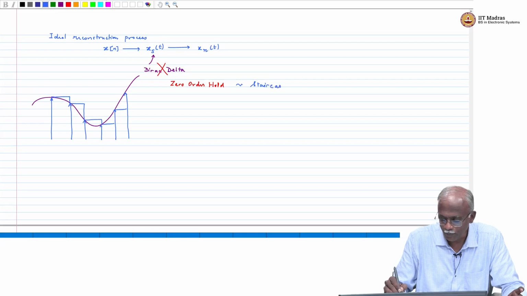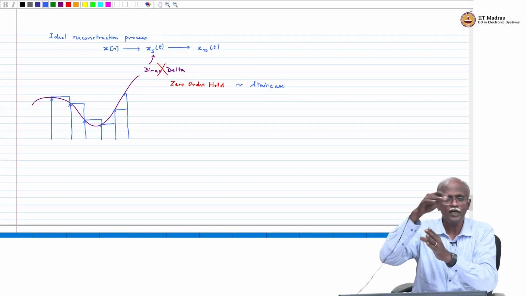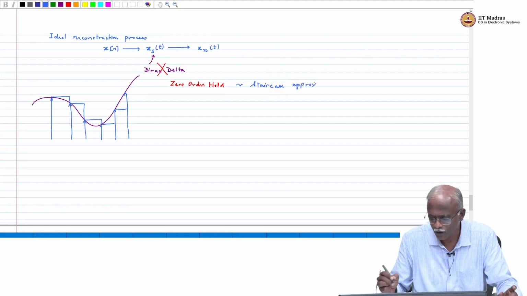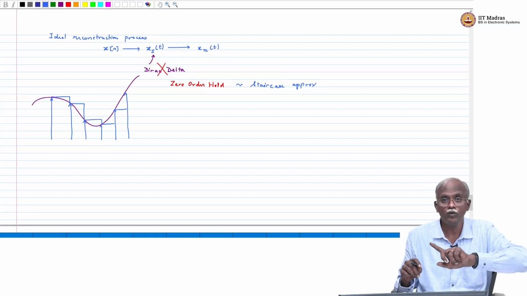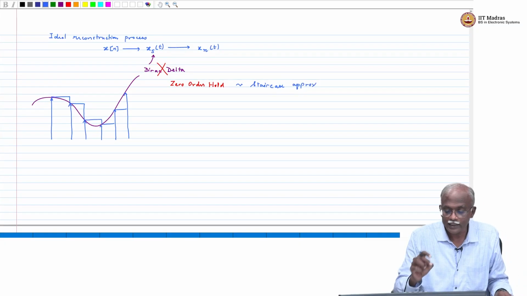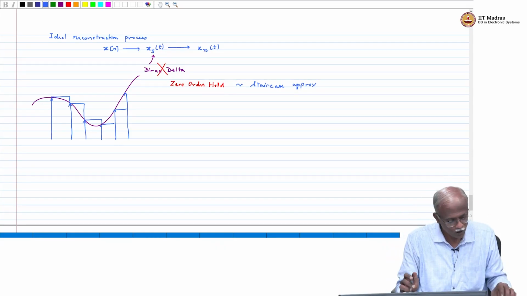Now, a peak hold detector is something that we can easily design. It is an operational amplifier with a capacitor you can design. So this is a staircase approximation. Okay, now if you had a Dirac delta, we know how to do the reconstruction process. Now the question is, what is the new reconstruction if I use a zeroth order hold?